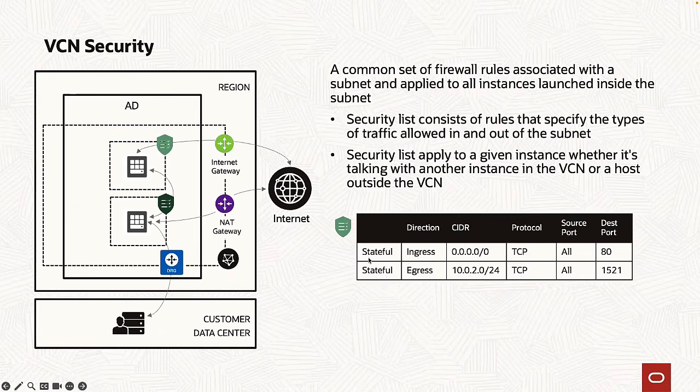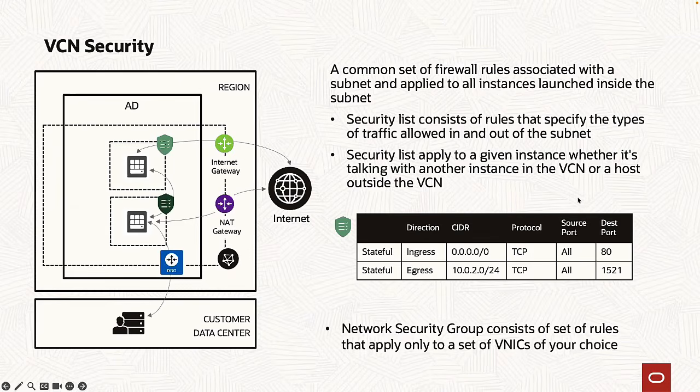By default, security rules are stateful, and stateful rules basically allow in and out. You don't have to specify an inbound and an outbound rule; you only have to specify one direction. Now, a stateless rule is the opposite. With a stateless rule, you have to specify both ingress and egress rules. One really important thing to note about stateless rules in OCI is that they do take precedence over stateful rules.